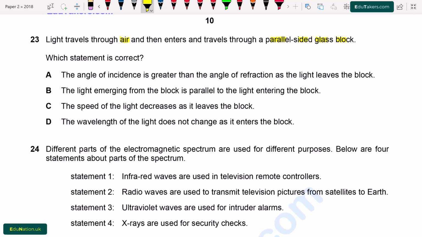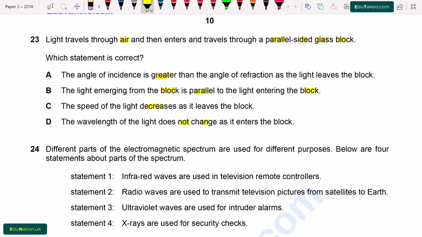Which statement is correct? Option A, the angle of incidence is greater than the angle of refraction as the light leaves the block. B, the light emerging from the block is parallel to the light entering the block. C, the speed of the light decreases as it leaves the block. D, the wavelength of the light does not change as it enters the block.